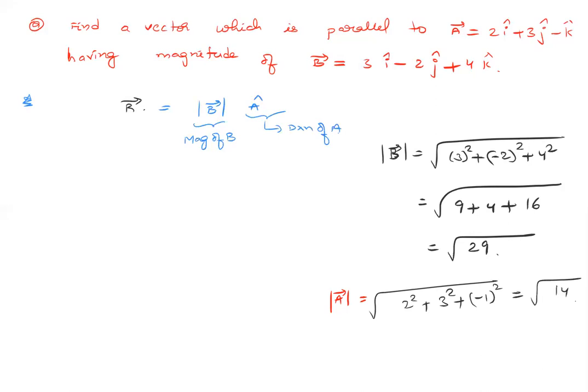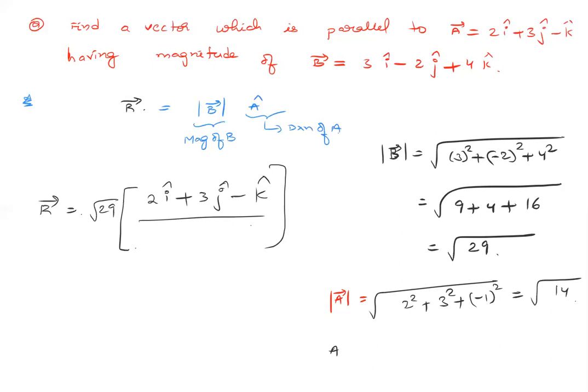So your resultant r bar is equal to mod b, root 29, times a cap. a cap is 2i cap plus 3j cap minus k cap by a bar by mod a. Mod a is root 14. So you'll get under root of 29 by 14 into 2i cap plus 3j cap minus k cap. So this is how you relate the vectors. Now we will continue further.